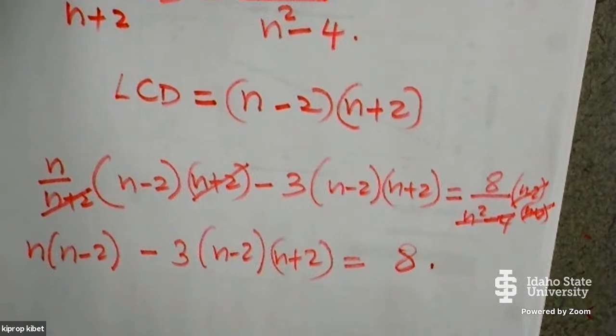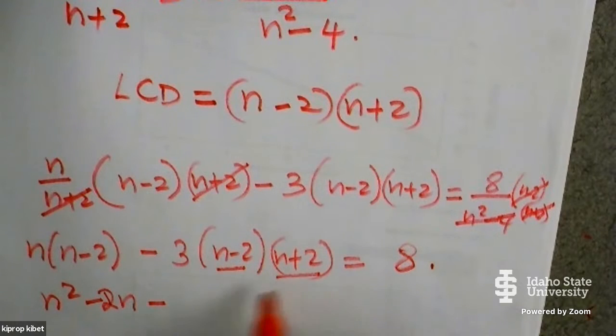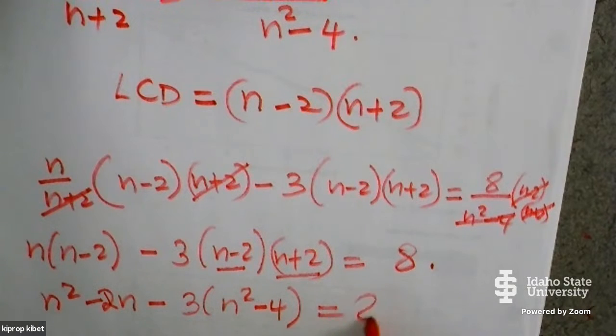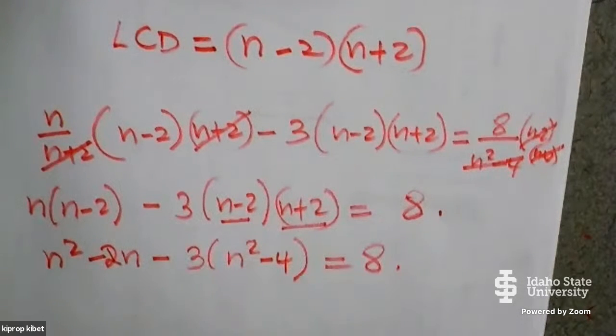Equals to 8. So when you open these brackets, you get n squared minus 2n, minus, we know this one is 3n squared minus 4 equals to 8.